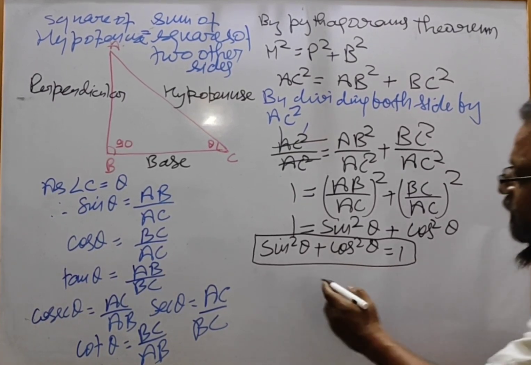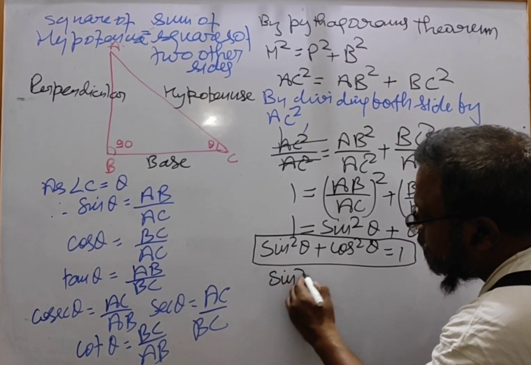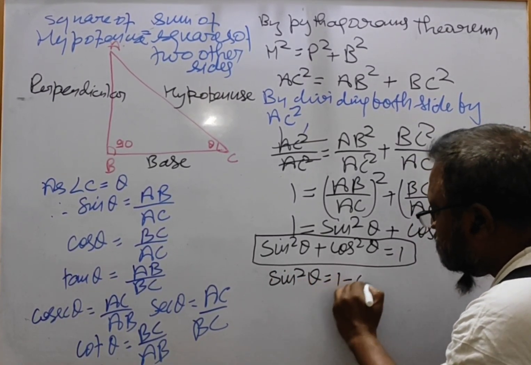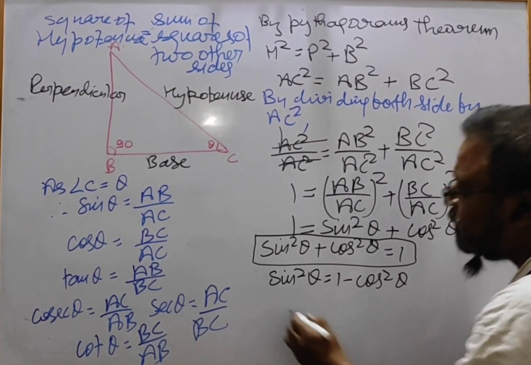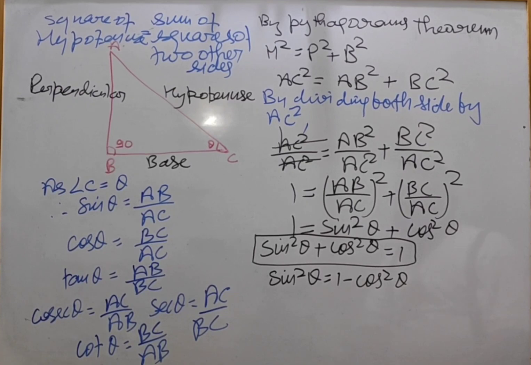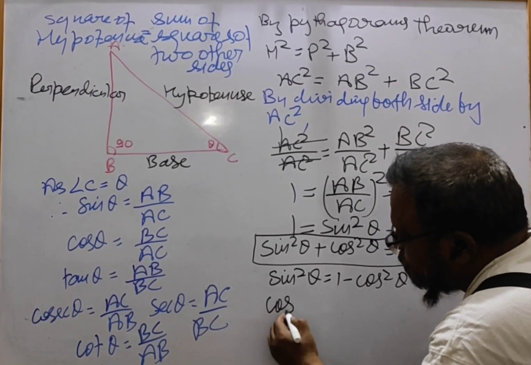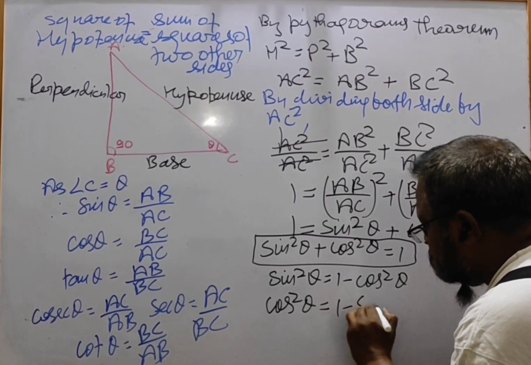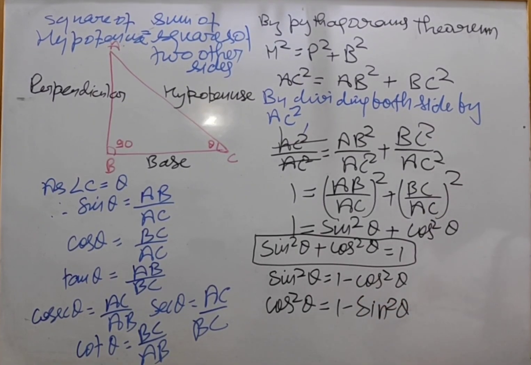And other variations: sin square theta is equal to 1 minus cos square theta, or we can write cos square theta is equal to 1 minus sin square theta. I hope you get it.